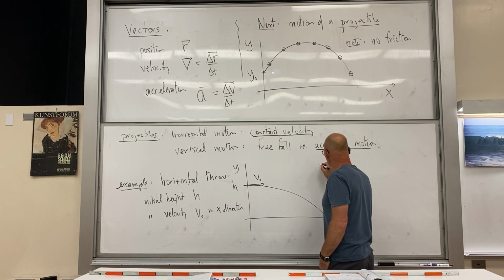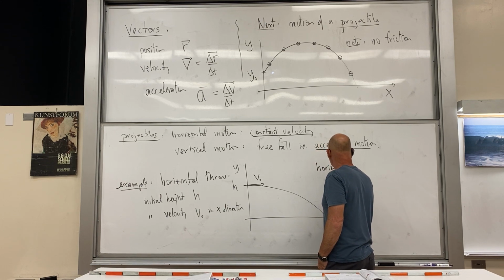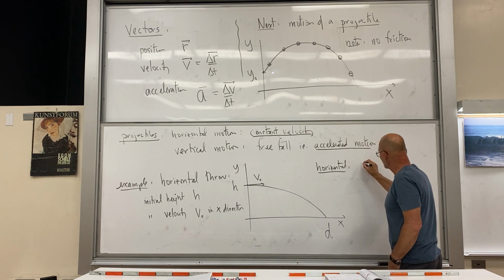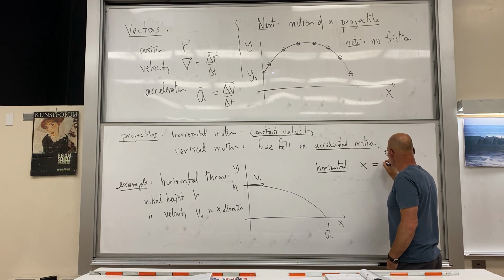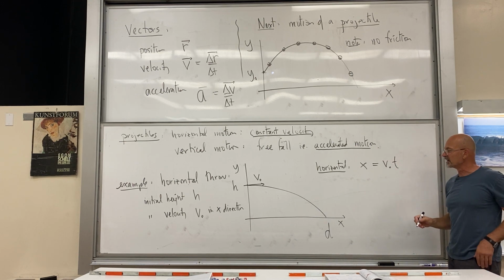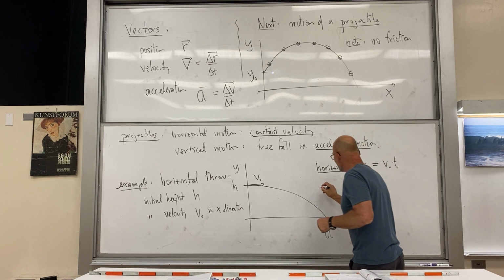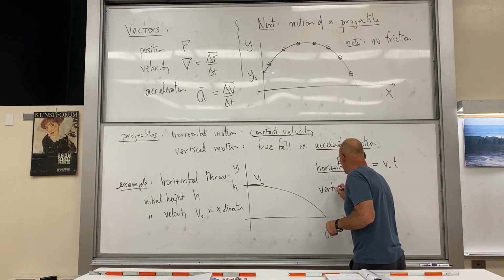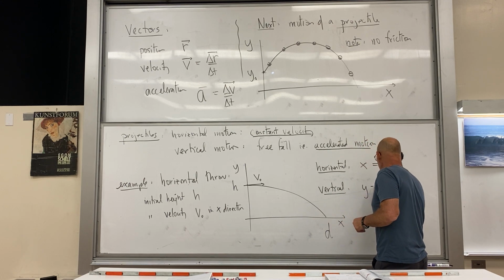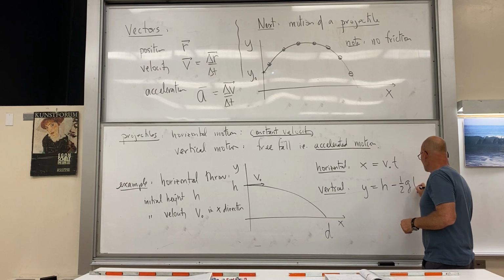So here's what we have. Horizontal, we have x equals v0t. That's just uniform motion in x direction. But the vertical, y equals h minus 1/2 gt squared.